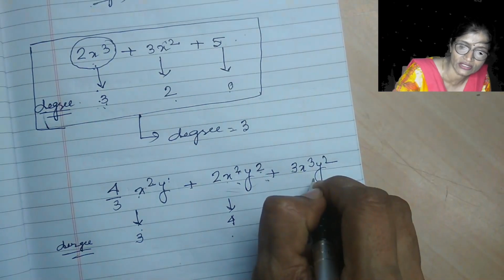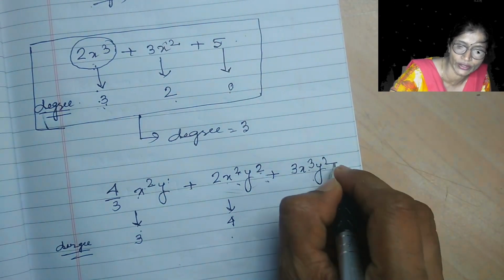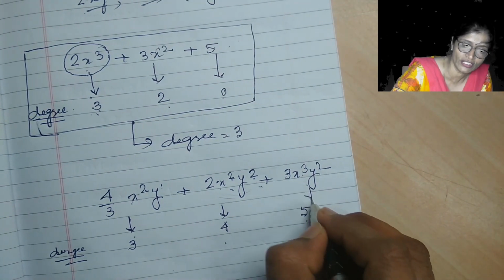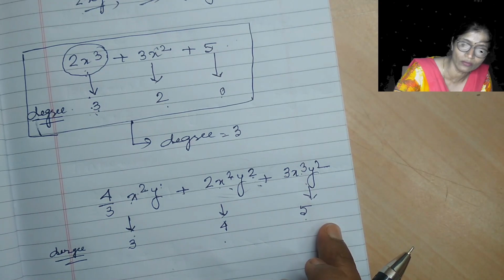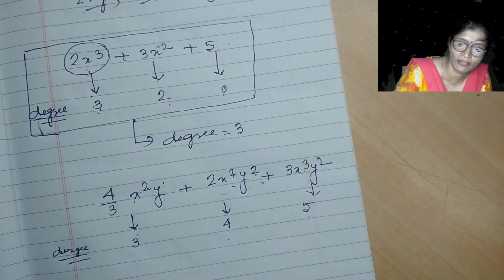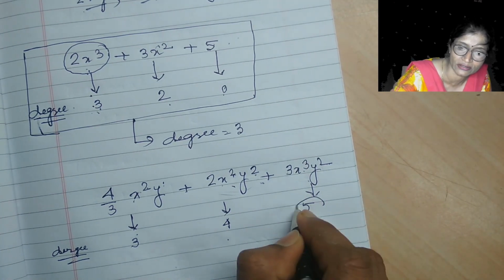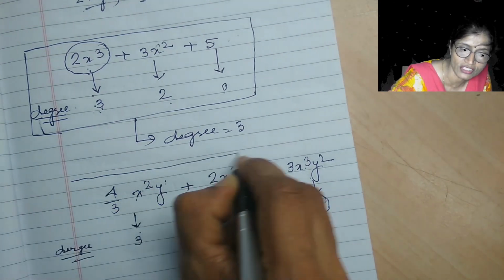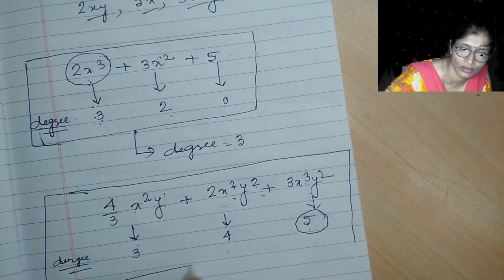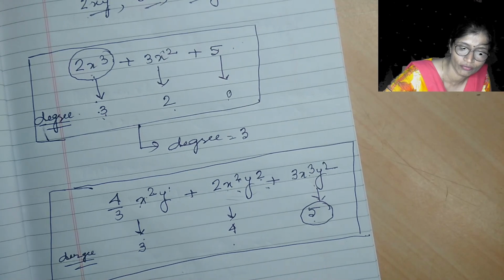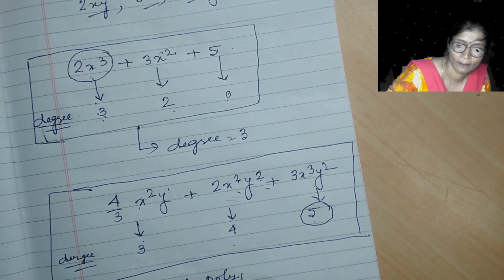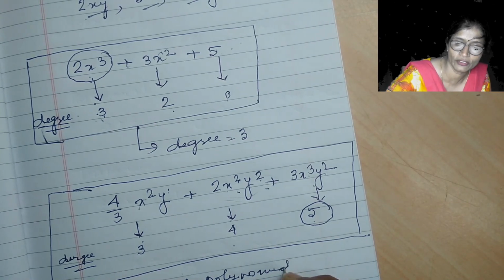And in the third term, it is 3 power here and 2 here, so the total is 5. So the degree of these terms is 3, 4 and 5. The maximum degree is of this last term. So the degree of this polynomial is 5.